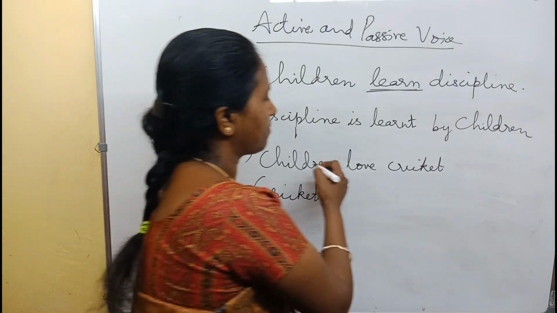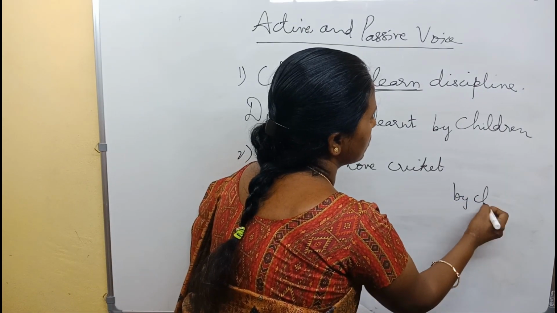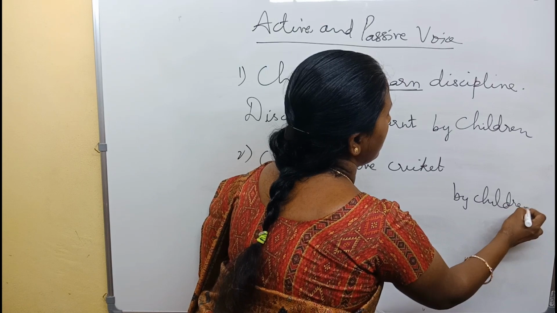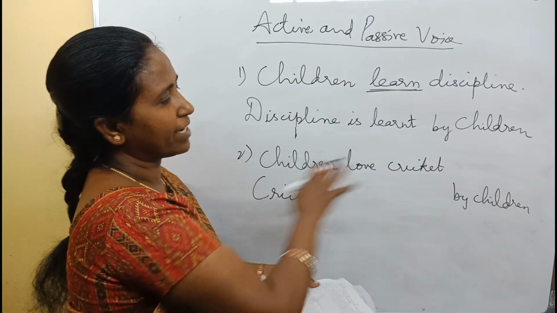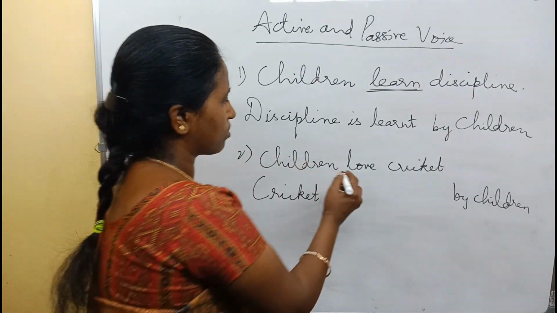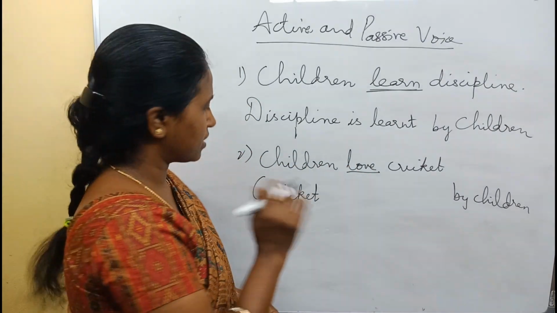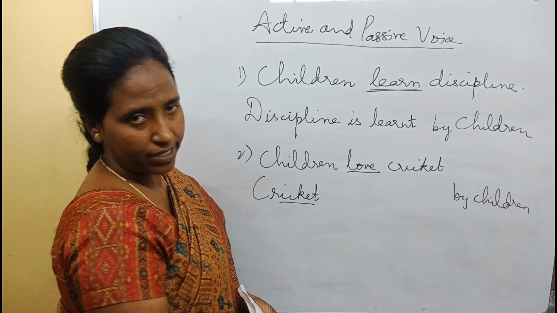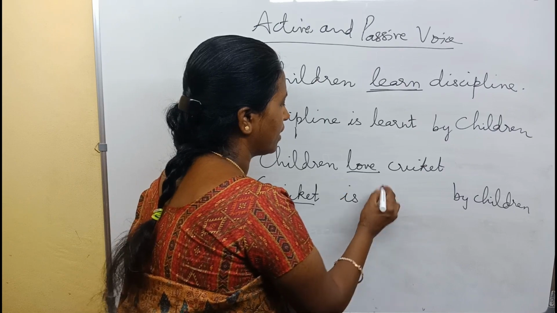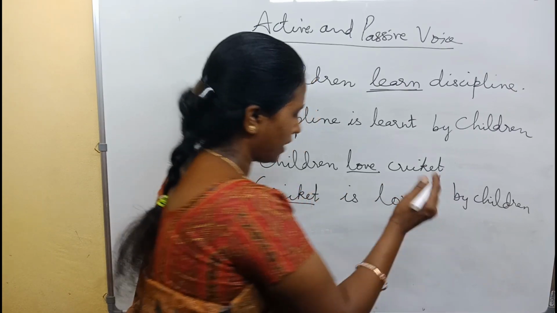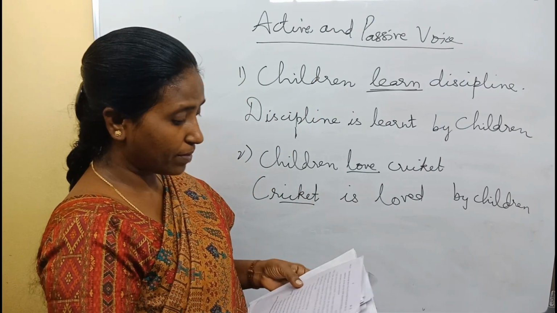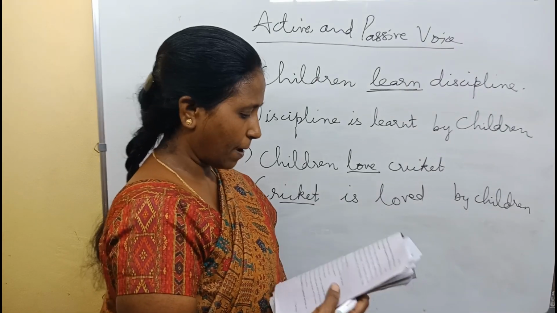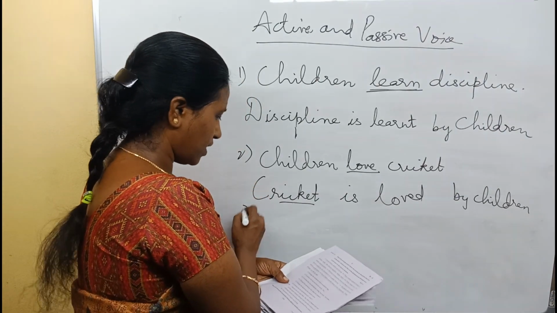First write cricket and by children. Okay. Subject, object. We have exchanged their places. Now look, this is in present tense. And if you see cricket, that is singular. Cricket is loved by children. So both are similar concepts only. Okay. Next we move on to the next one.